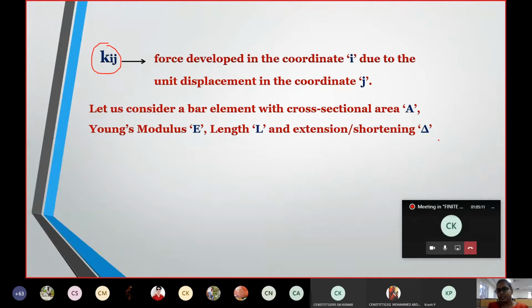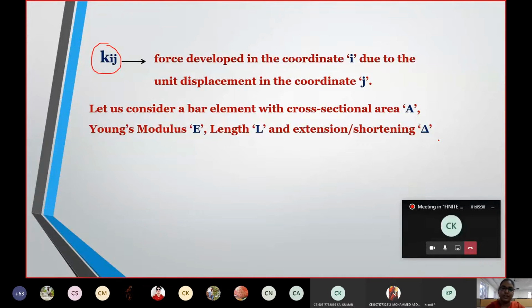Looking into this, can you get the force produced in the member? This is from your strength of materials, nothing new for you. We are not trying to see Kij here. Using Hooke's law also you can get it.